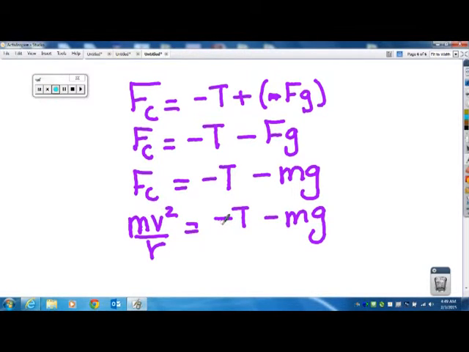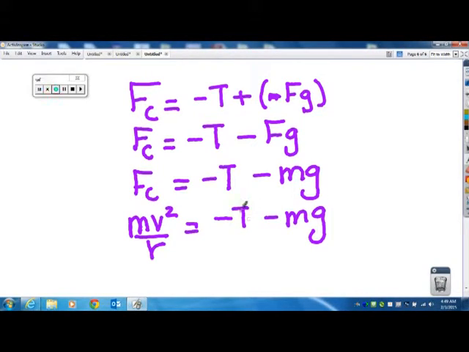If they say to you, what's the minimum speed that the cup has to travel so that it can make it to the top of the circle? The minimum speed means the rope is barely pulling on the cup. It's the force of gravity that's doing all the work. So if they ever gave you a problem like that, I want you to start with this equation right here. Because the minimum speed means the rope is very lax, there is no tension in the rope. So make T 0.